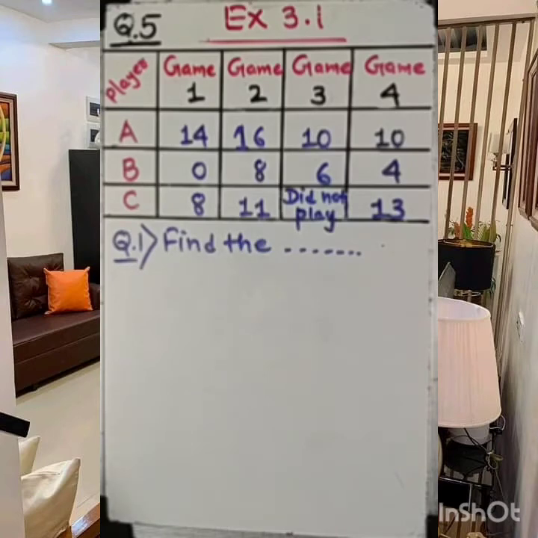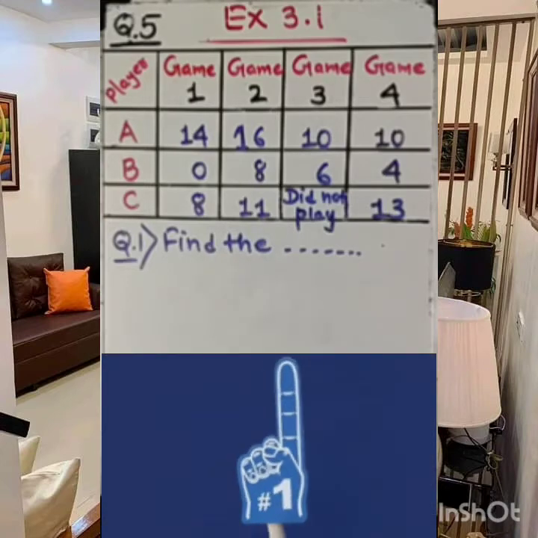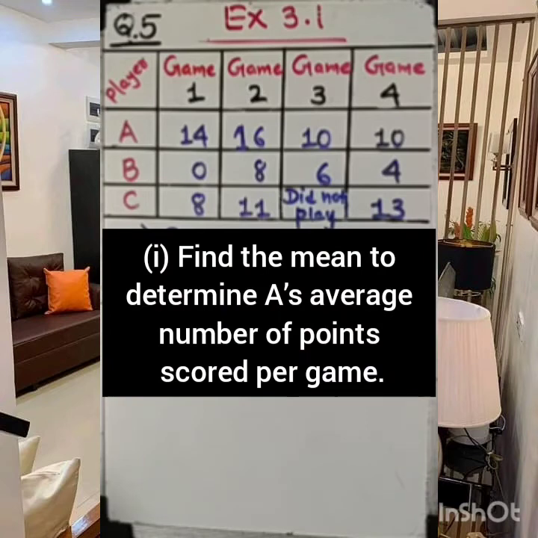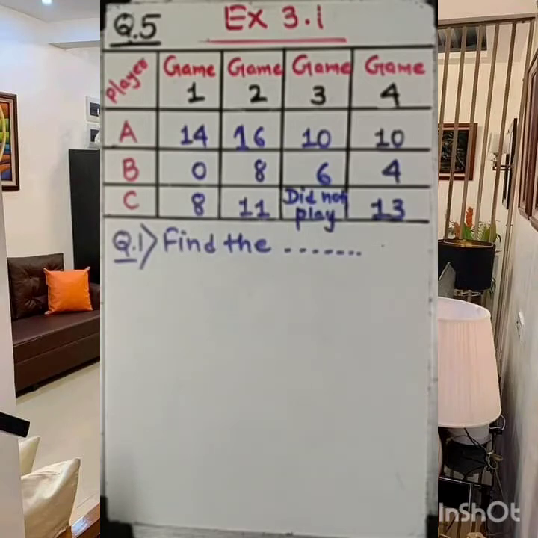Answer the following questions. In that, the first question is: find the mean to determine A's average number of points scored per game. So dear student, we have to find the average score, the mean of A's points.